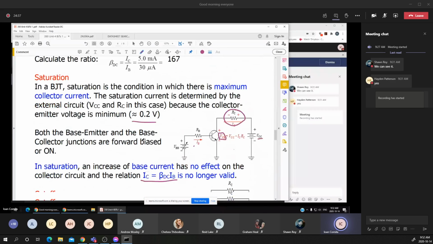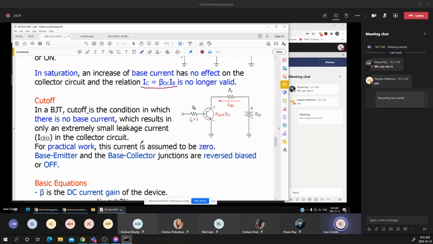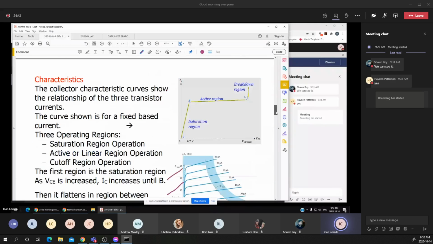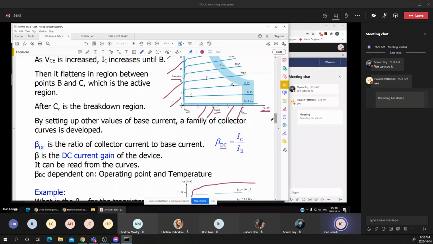and that's the maximum current that can flow through the circuit. Now on the cutoff, going back to the diagram, you notice that in cutoff, the IB is equal to 0 amps, or there is no current applied on the base of the transistor. Now the question is, what is the collector current when there is no current applied to the base?